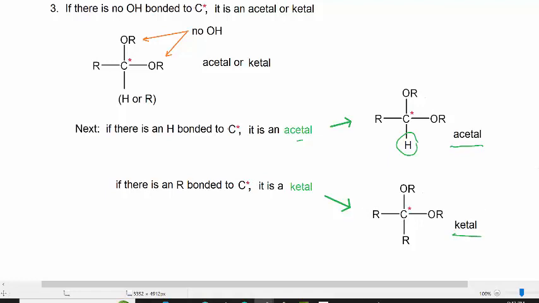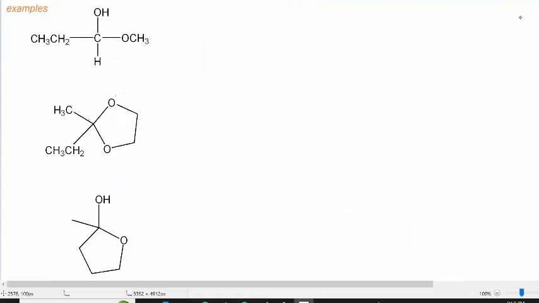That's how you do it. Well, let's next try this out with some examples. Okay, let's look at this molecule first. Find the central carbon. Find the carbon that's directly attached to two oxygen atoms. All right, it's obviously going to be this carbon, so let's star it. Okay, the next thing we want to do is to determine if it's a hemispecies or not.